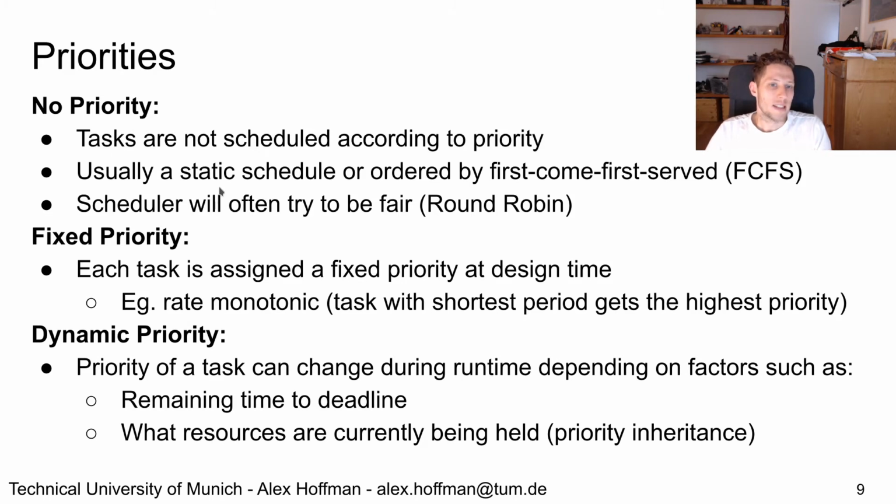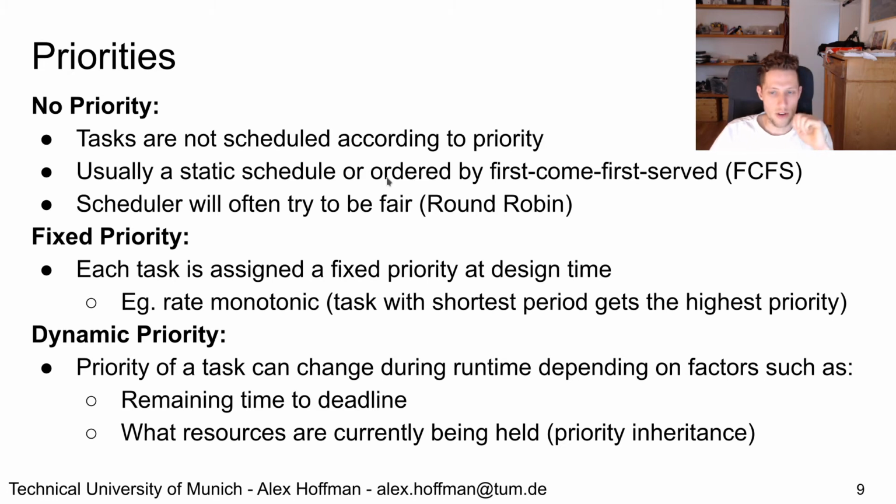This is very common in static schedules, where someone or something manually decides the order, not necessarily by a priority, but it determines the order in which things execute. It is also common in scheduling policies where you don't deal so much with the importance as with just when tasks are made ready. So when tasks unblock, the first one to release gets run. So this is a first come, first served method, right?